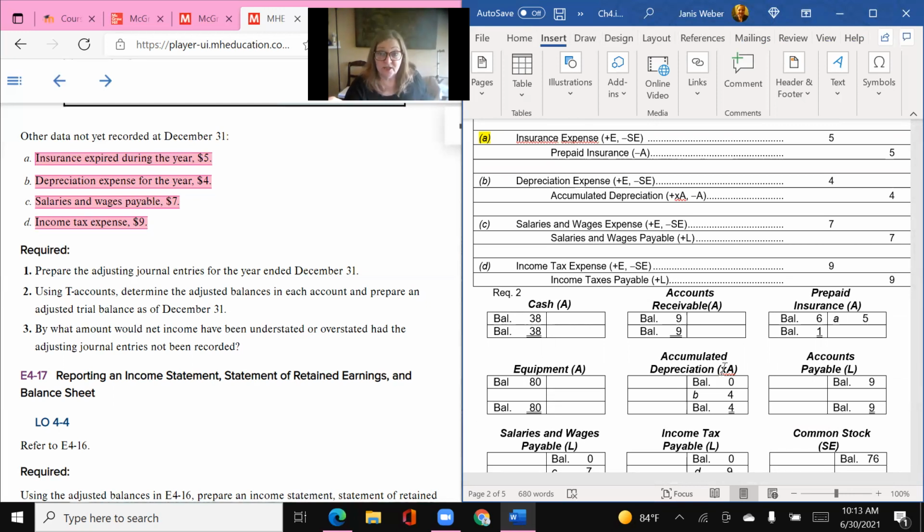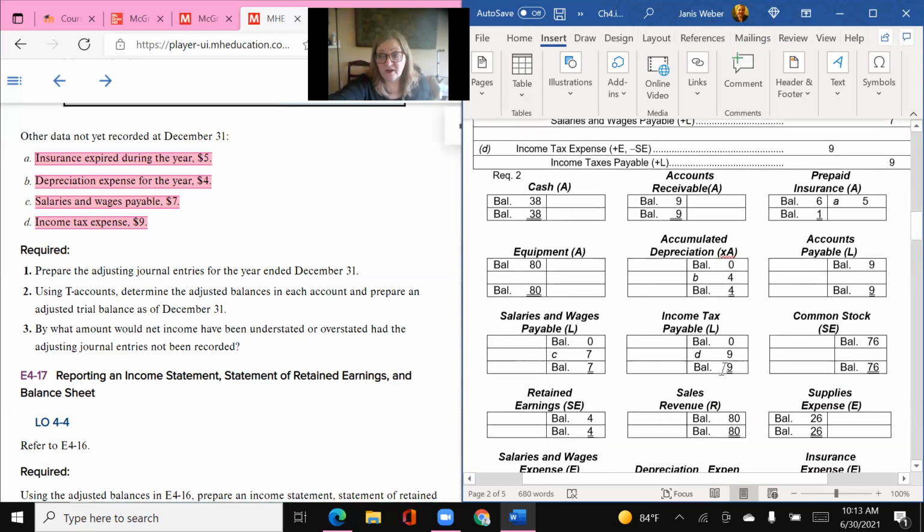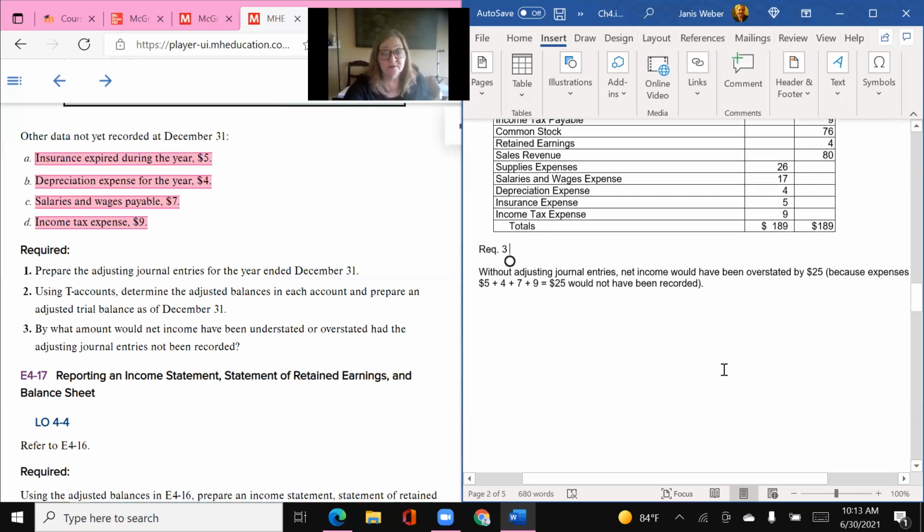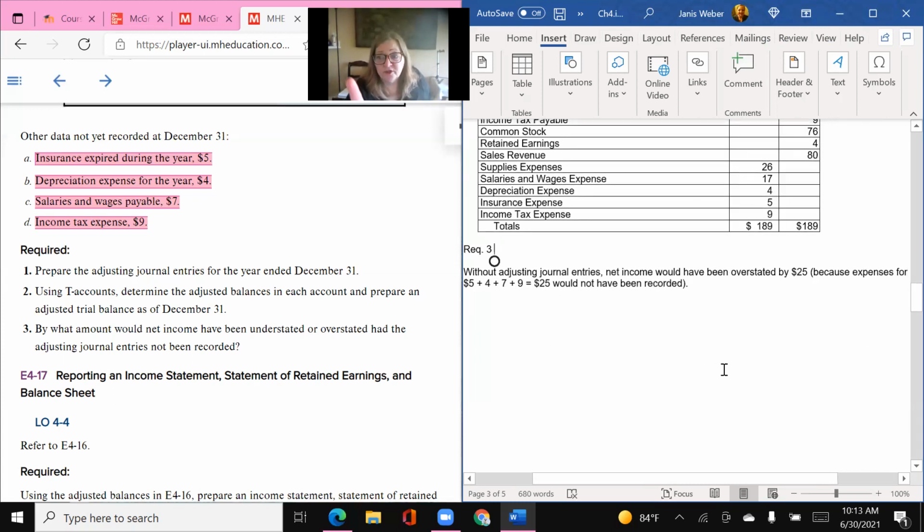But this one, we only changed the expenses. We changed it by 5 and 4 and 7 and 9. So that's 9, 18, $25. We added an extra $25 expense. So without the journal entries, net income would have been overstated by $25 because these 4 expenses we posted would not have been reported.